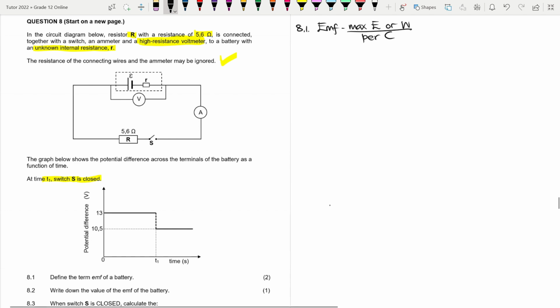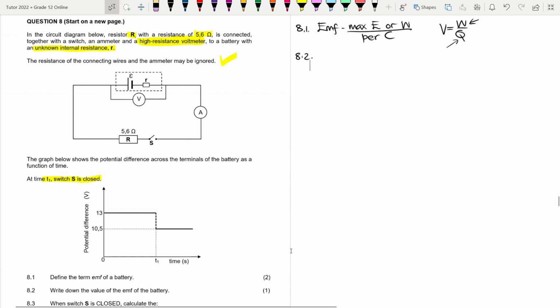This is coming from the equation that says voltage is work over charge, or energy over coulombs. If maybe you happen to forget it, but I don't hope anyone forgets definitions.